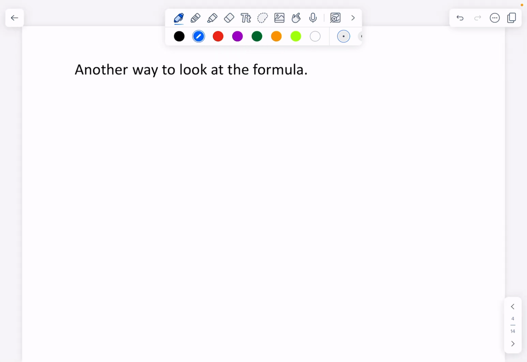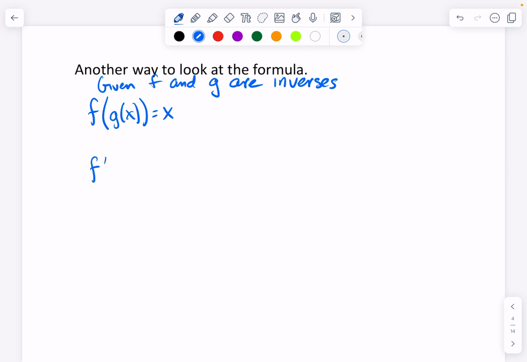On that very first slide, I told you that f of g of x, their composition, equaled x. And we have to realize that f of x and g of x are inverses. So if I take the derivative of this, the derivative of my outside function, leaving the inside alone, times the derivative of the inside function, that equals 1.